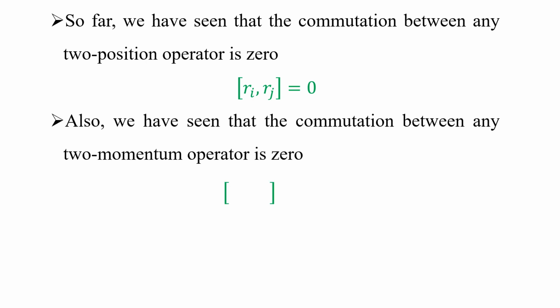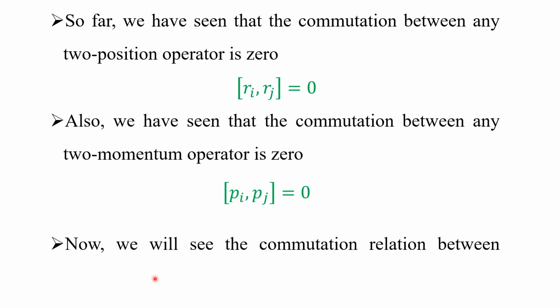That is, the commutator of Pi with Pj is equal to 0. So far we have seen these two. Now we will see the commutation relation between the position and momentum operators.